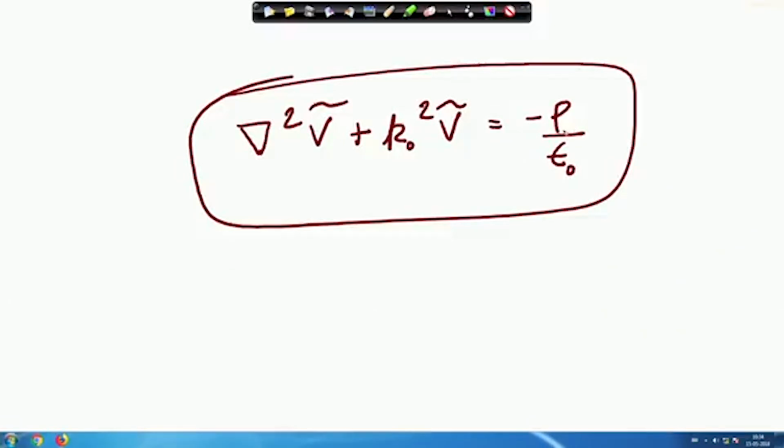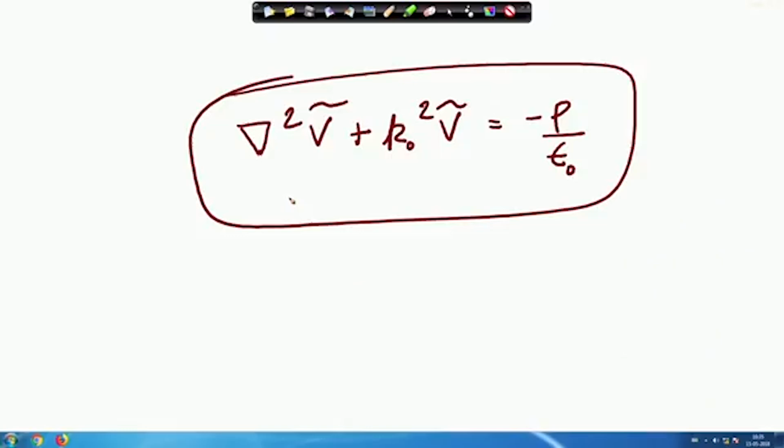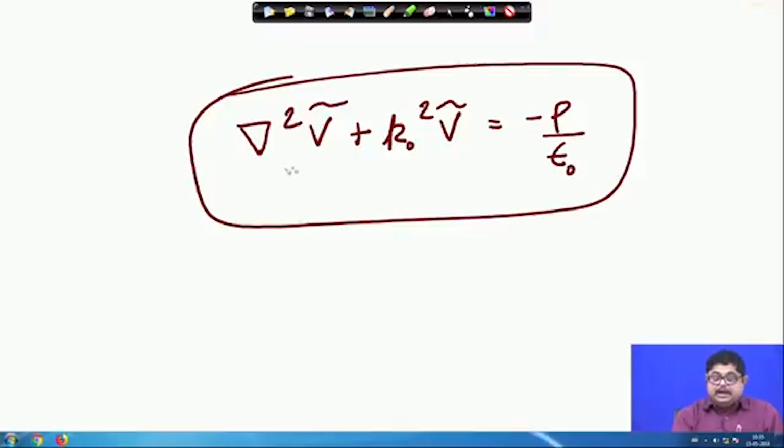And remember that for radiation we require a current. So, finding charge, or physically reasoning about charge, is not so easy. Comparatively, finding current is much easier. Also, these two equations are not independent. The equation that involves the magnetic vector potential A, del square A plus k naught square A equals minus mu J, and both are wave equations in the form of the inhomogeneous Helmholtz equation, but they are related.